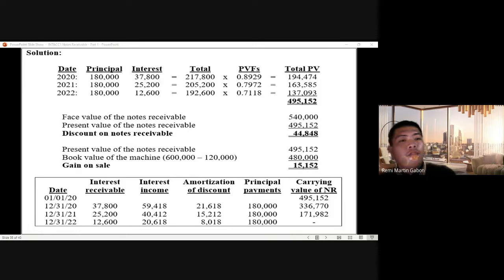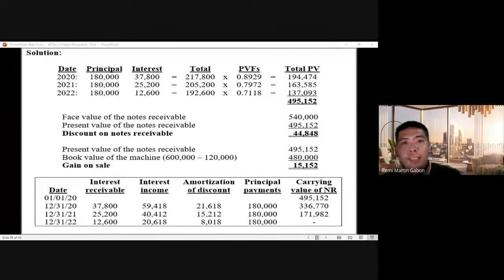We can arrive with 59,418.24. Okay? 59,418.24, we can drop 0.24. So pwede sabihin natin 59,418 lang. Bawas ka ng 37,800. Lalabas ang discount amortization na 21,618.